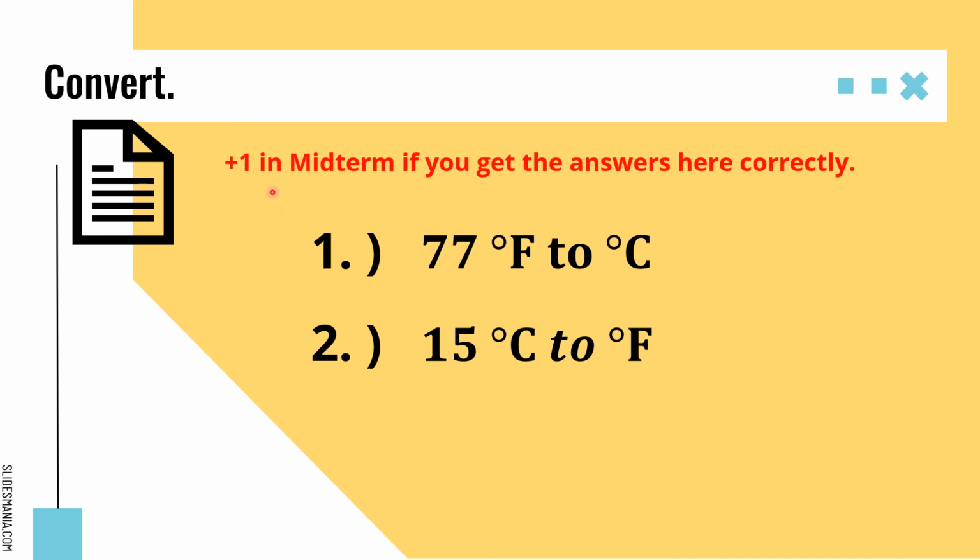Kindly attach your answer in the activity link here, Task number 2, convert temperature scale. That is a forum, just like what we are using in our MECQ. Write your answer on a piece of paper, take a picture of it, and attach it in that forum.